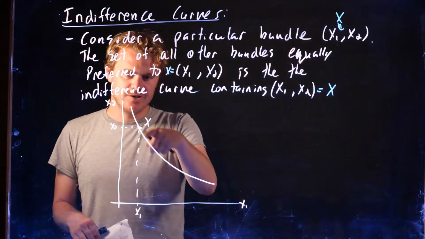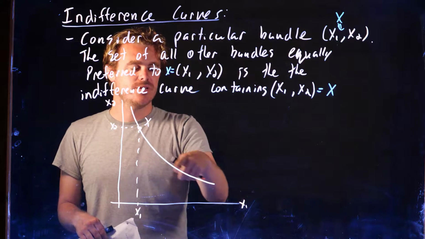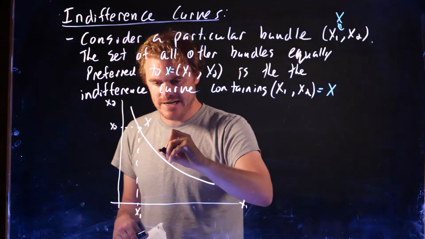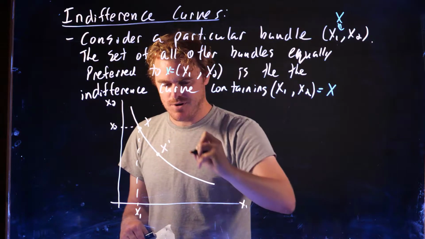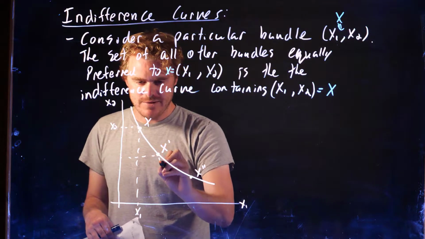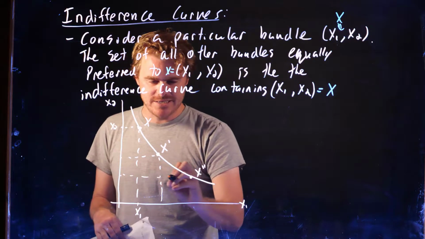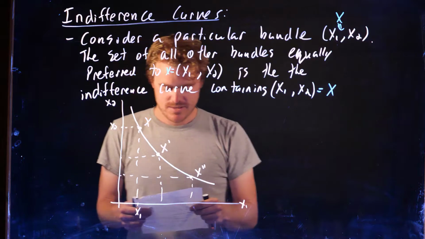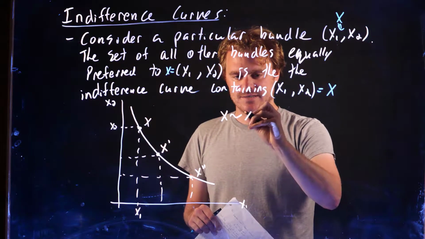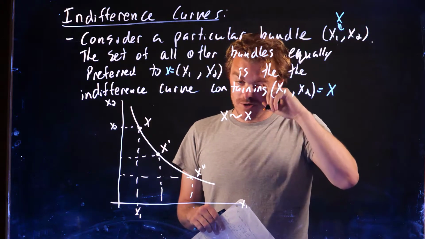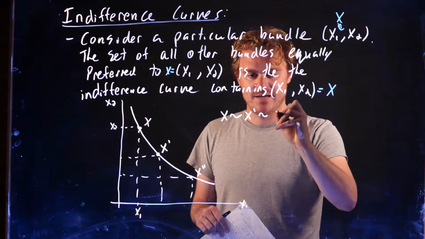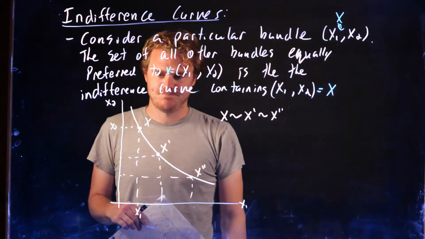Every different bundle that's along this curve, the consumer is indifferent towards that bundle and bundle X. So we could have this other bundle X prime, this other one X prime prime, with different amounts of good 1 and 2. And what this is saying is the consumer is indifferent between bundle X and X prime and X prime prime.